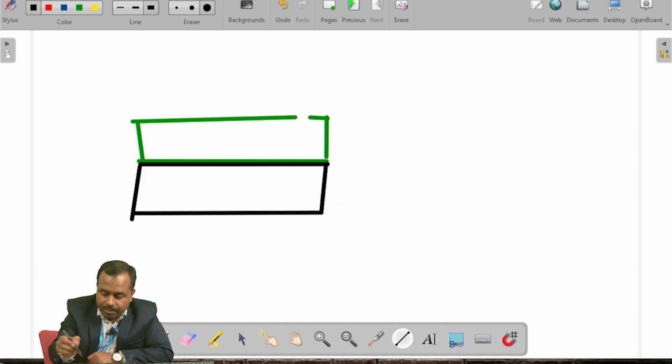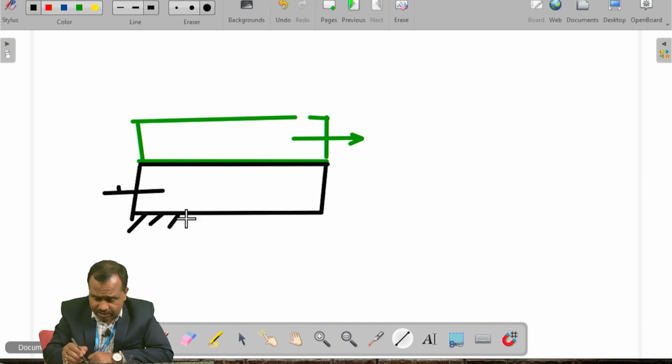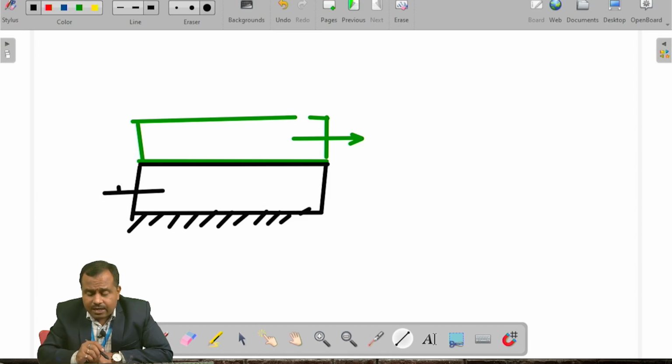The upper one is trying to move towards the right side, and the lower one is the stationary one.